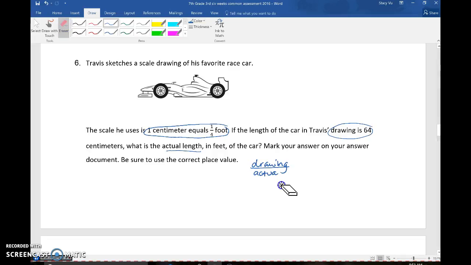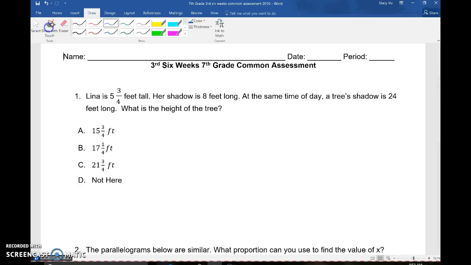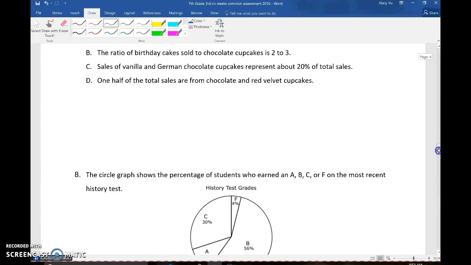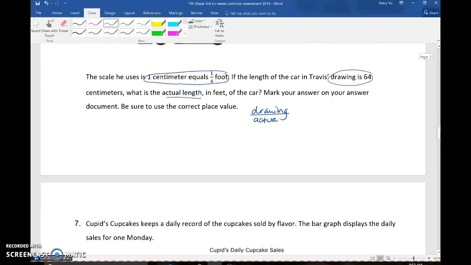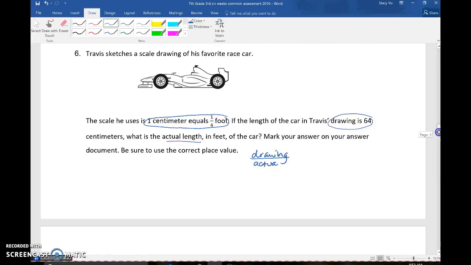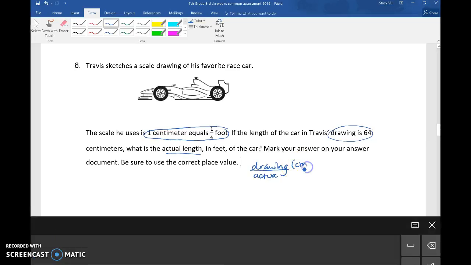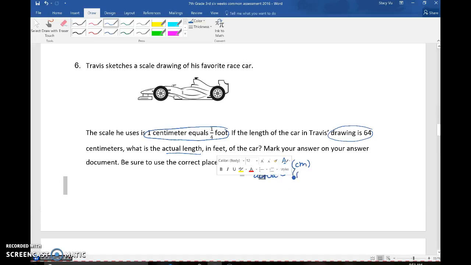So we're talking about the drawing is centimeters. So centimeters over feet.